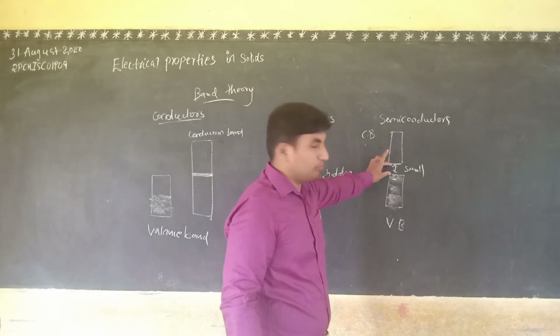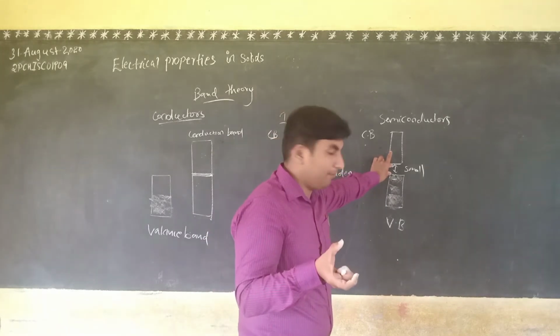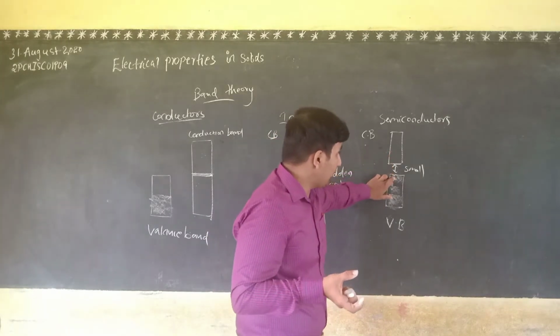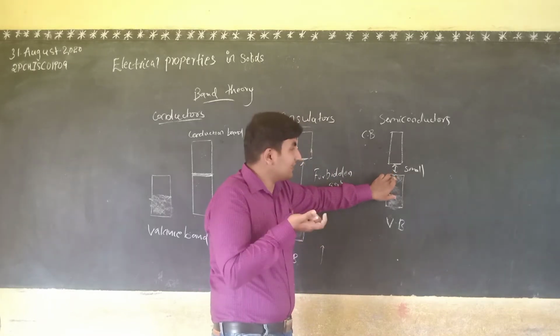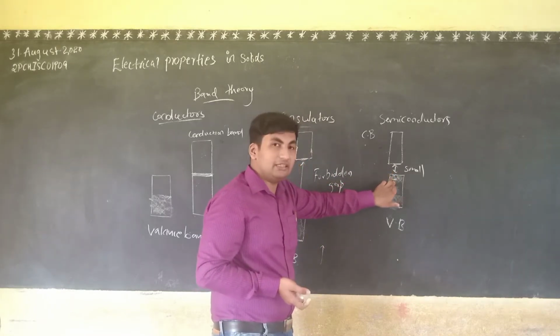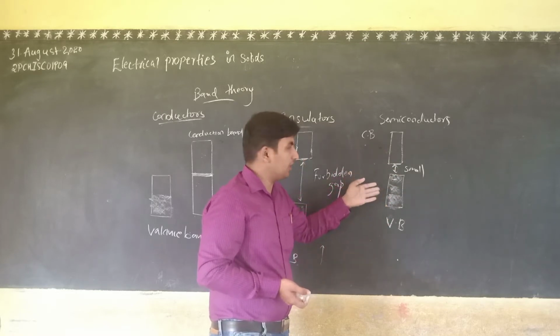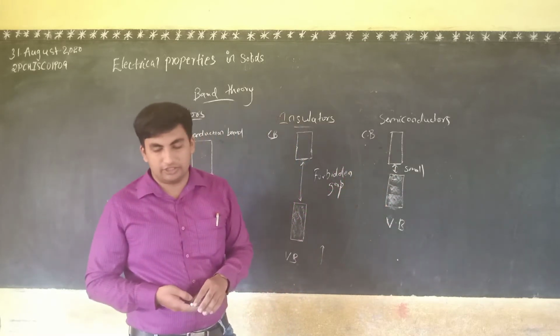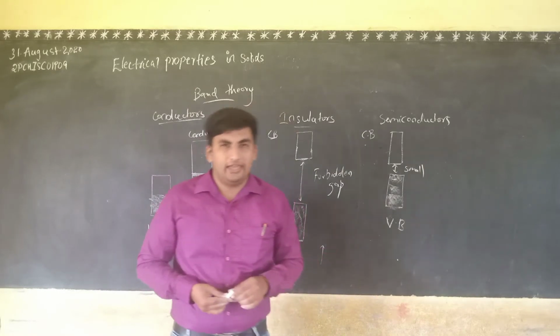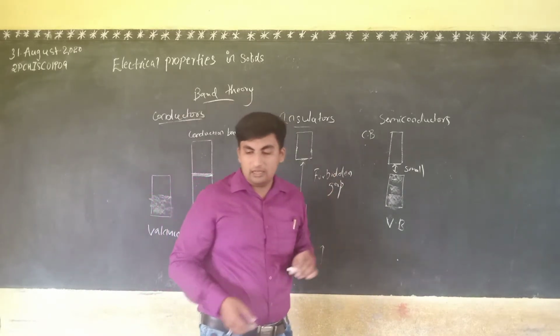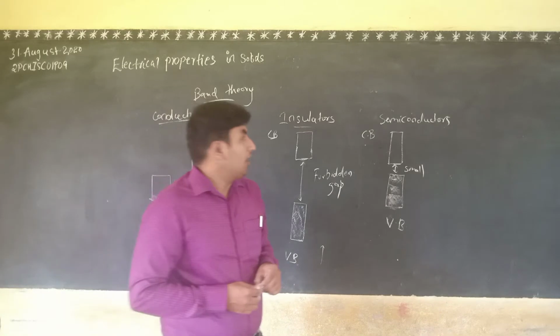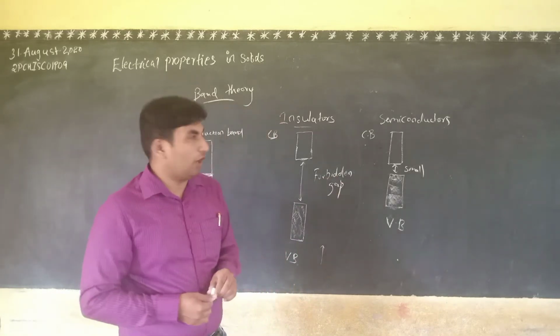But here the gap is small, so when we heat the substance, electrons jump to the conduction band and it conducts electricity to a smaller extent. This is about the band theory of solids.